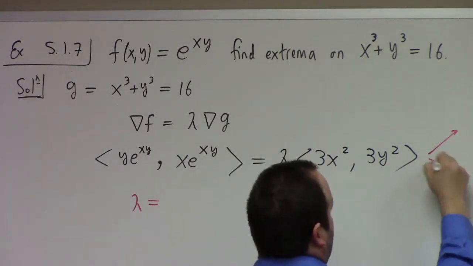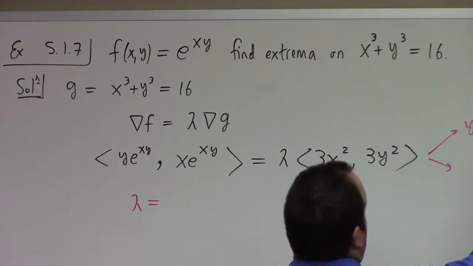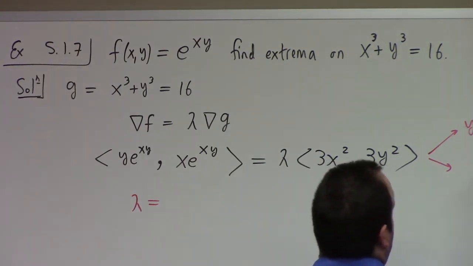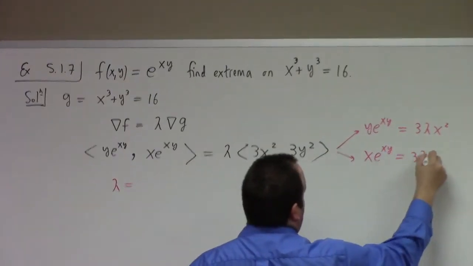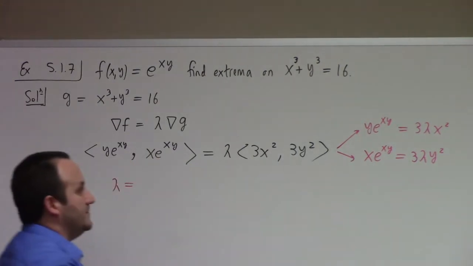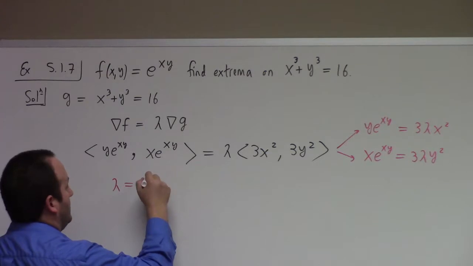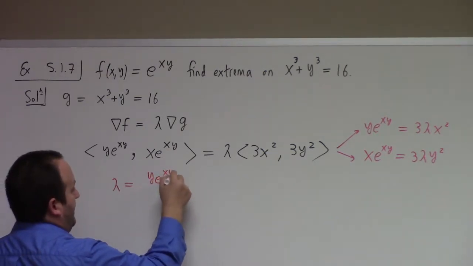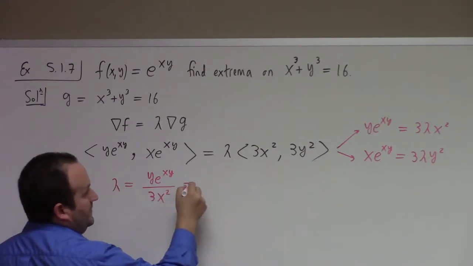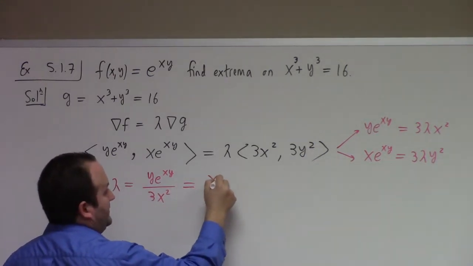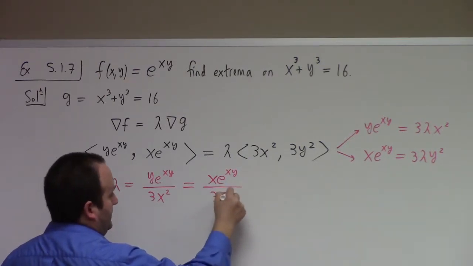If you break this out, we've got y e to the xy equals 3 lambda x squared, and x e to the xy equals 3 lambda y squared. So if I solve both of those for lambda, I get y e to the xy over 3x squared equals x e to the xy over 3y squared.